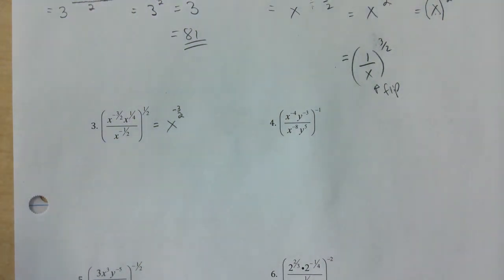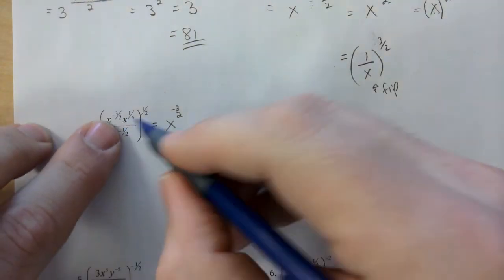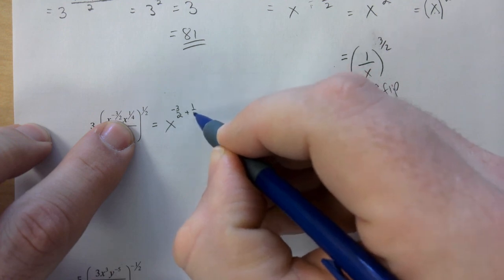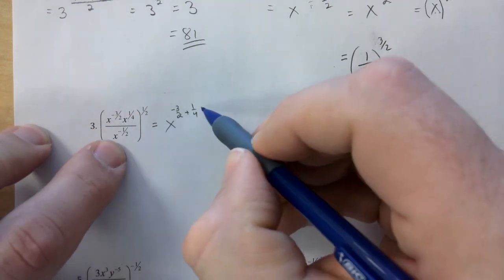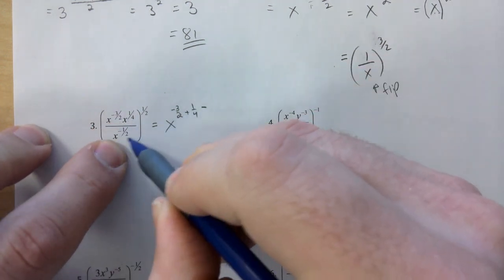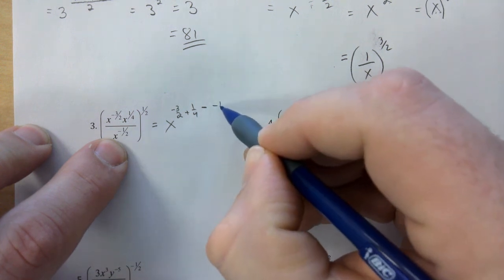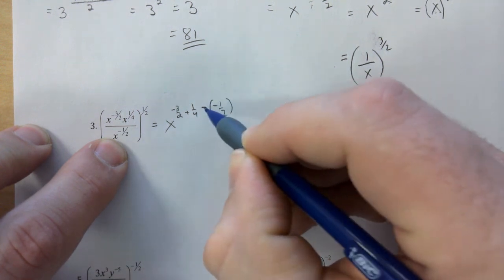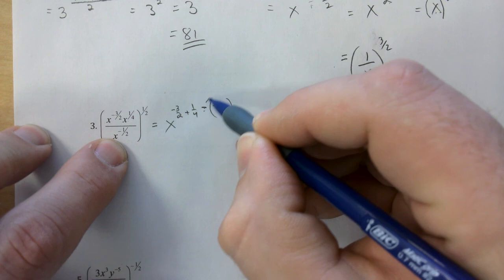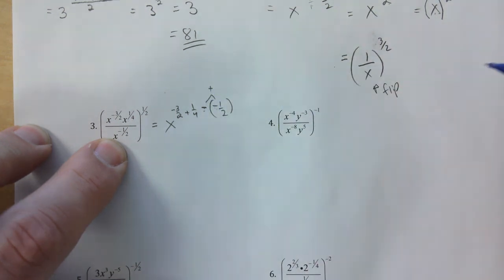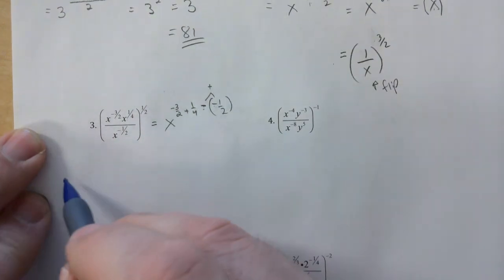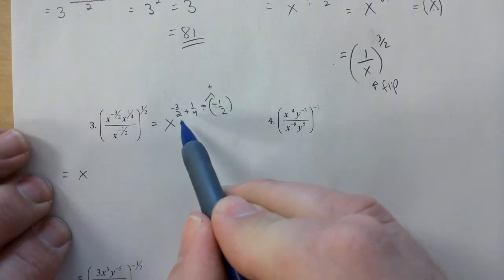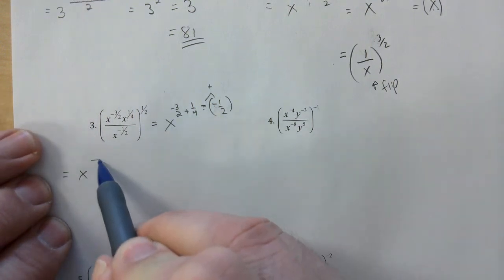It's going to be fairly easy to find a common denominator. Okay, so -3/2 plus 1/4 minus, right, because this is in the denominator, -1/2. That is so key to remember. Okay, so that will turn into a positive actually. So we continue down here. Our common denominator is 4.